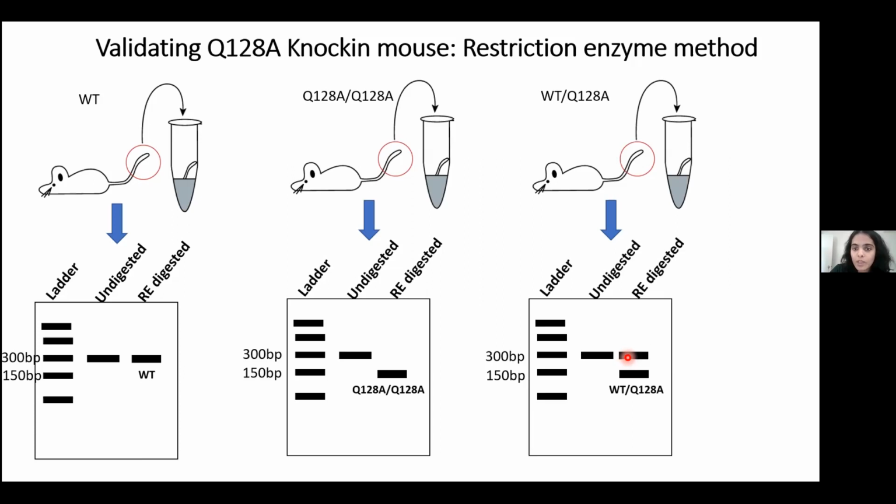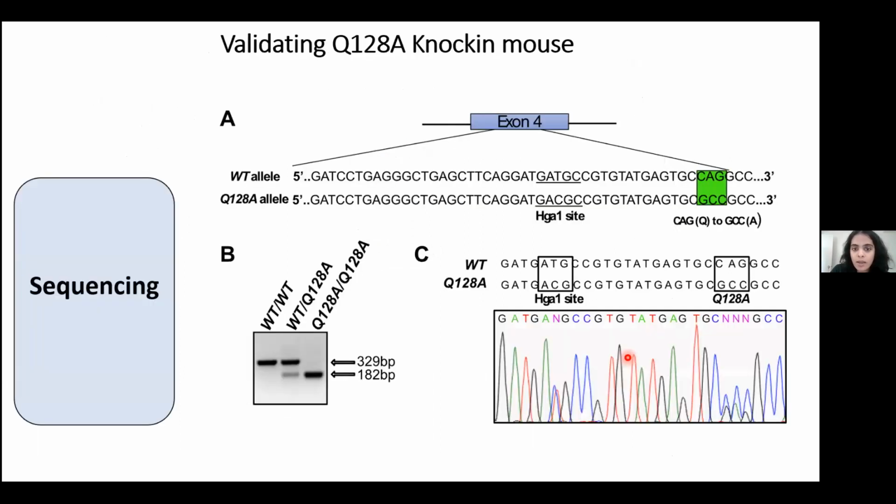So using this, we got these results. With the sequencing, we ensured that the CAG to GCC mutation was indeed present. And using restriction enzyme, we saw what we expected for each genotype.